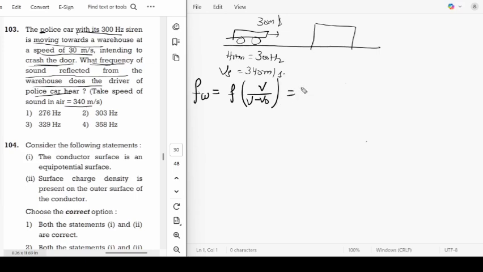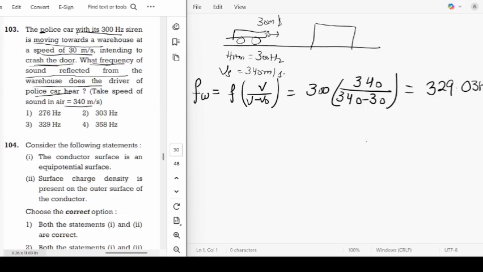So the frequency of the siren is 300, the velocity of sound is 340, and 340 minus the velocity of the car, which is 30. After solving this we get a frequency of 329.03 hertz.